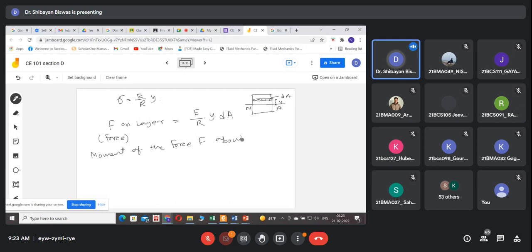So if Z is I by Y max, we want to modify or rearrange this expression.